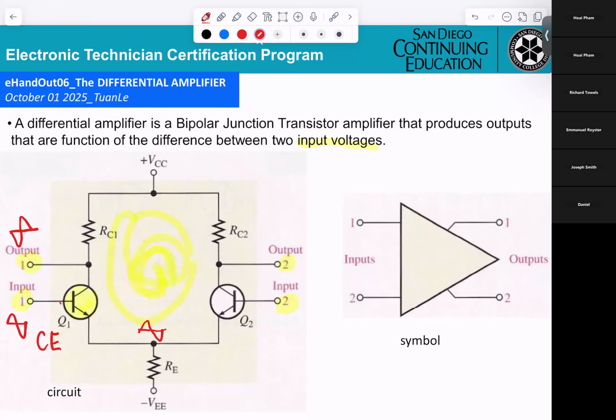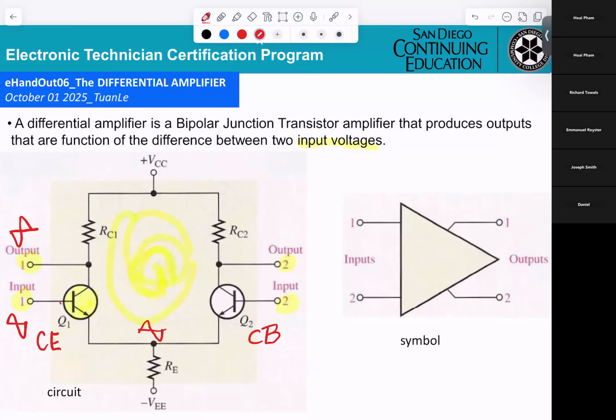Mr. Pham, you told us last time, I think I know the answer, but you told us it was common base. If you could just show us how it's hooked up, how is it common base?